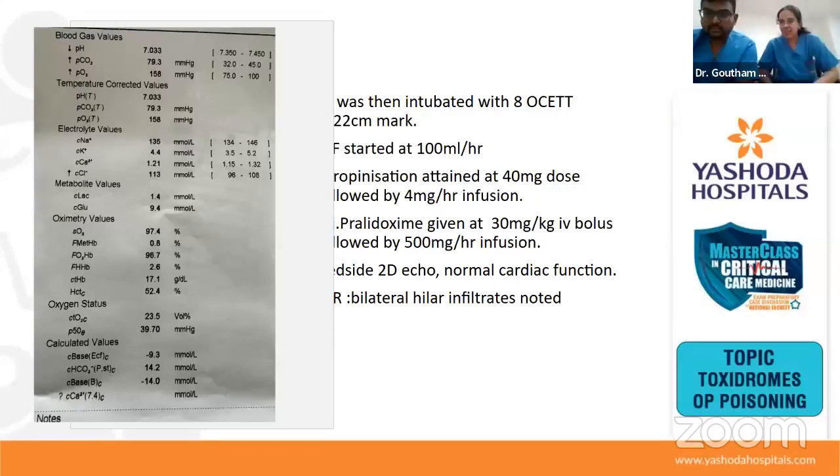Mad as a hatter, hot as a hare, blind as a bat, red as a beetroot, dry as a bone. So that is the sign of atropinization. You have to build it to that extent. And why do you want to do that?